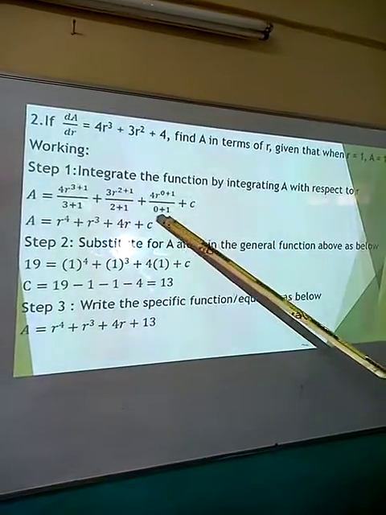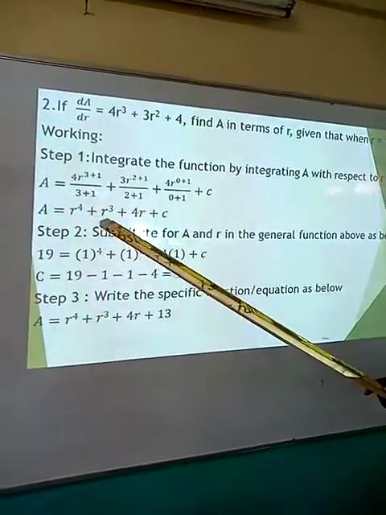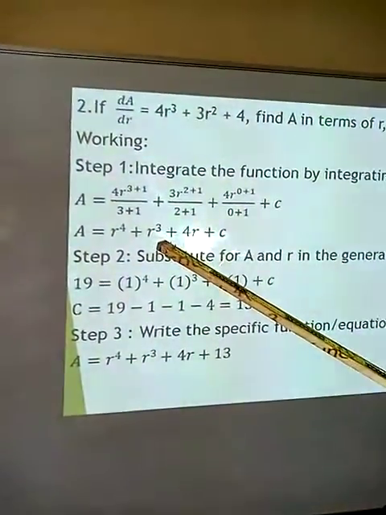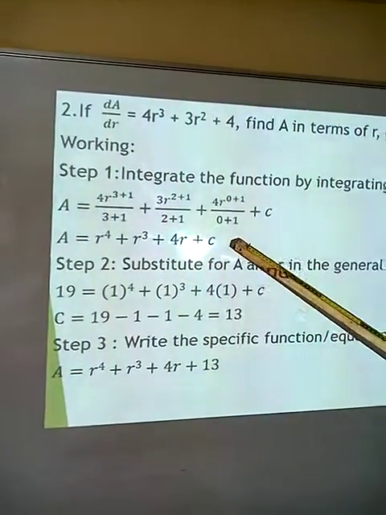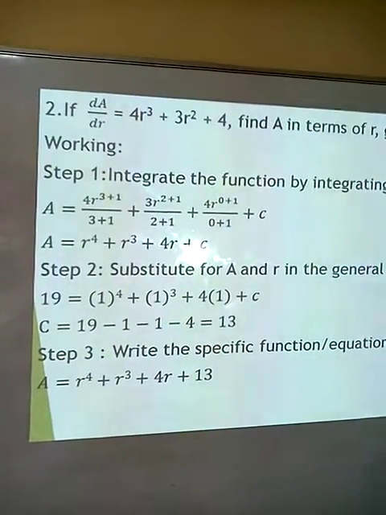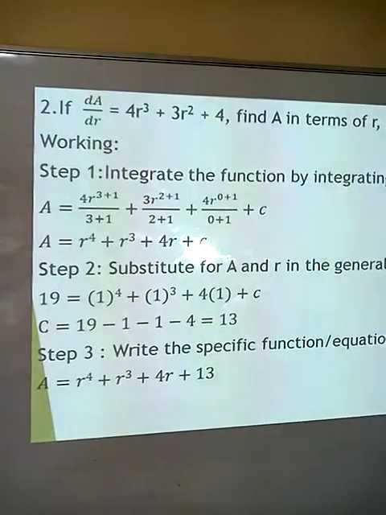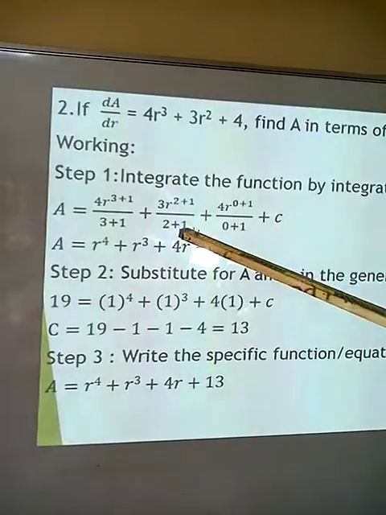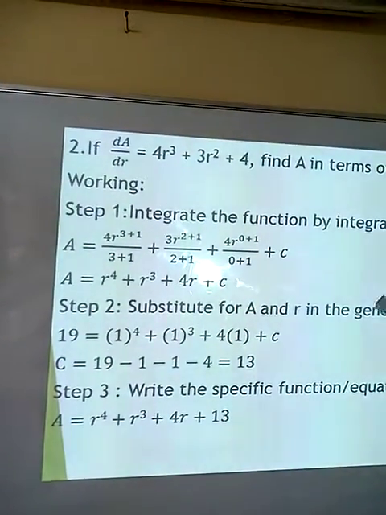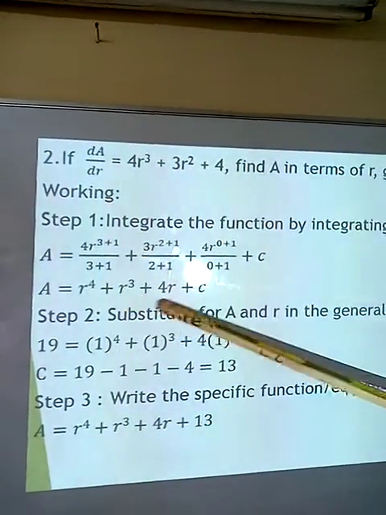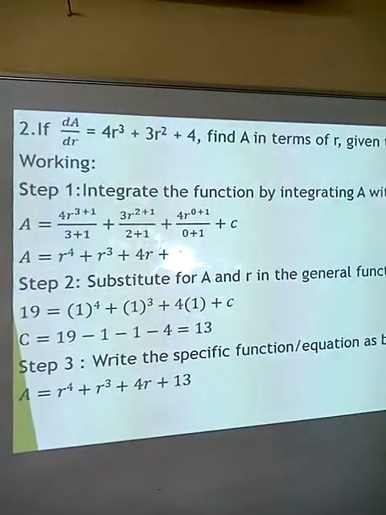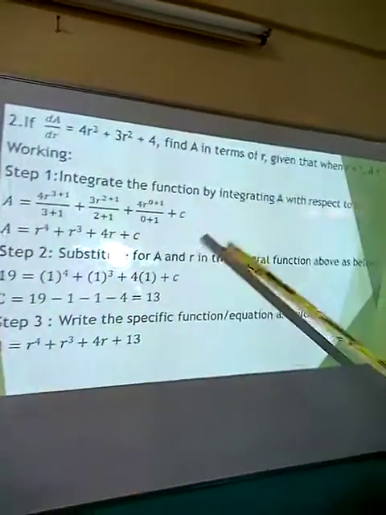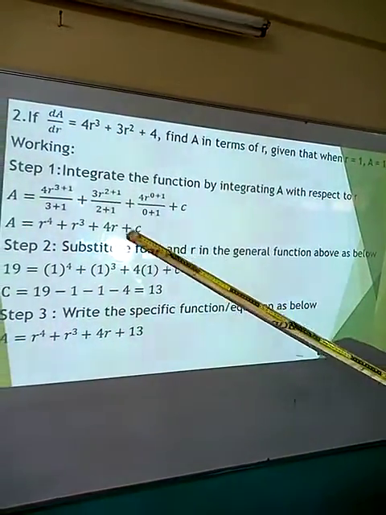The simplified expression is A is equal to r to the power 4 plus r to the power 3 plus 4r plus c. I have ignored some steps because now we understand they are simple additions. 3 plus 1 is 4. 2 plus 1 is 3, so when you divide, you will end up with this simplified function. So that is a general function because you can see that our c is still not determined.